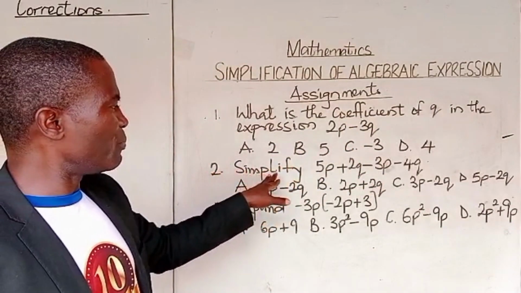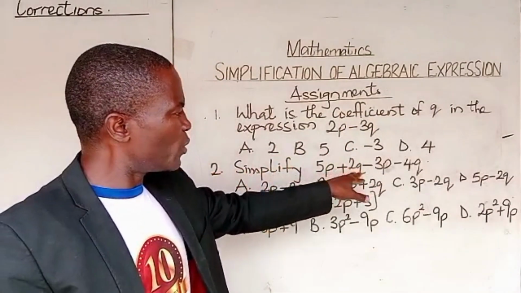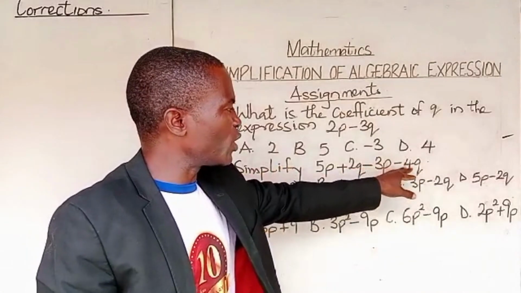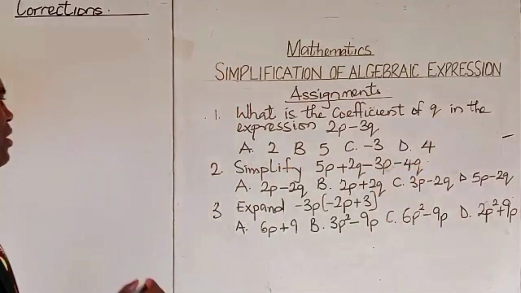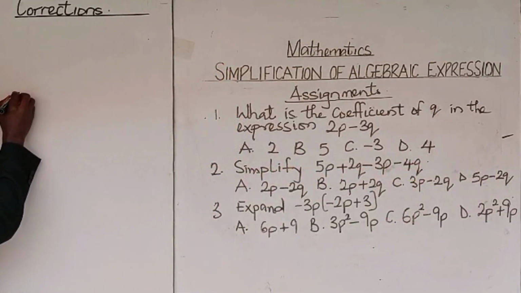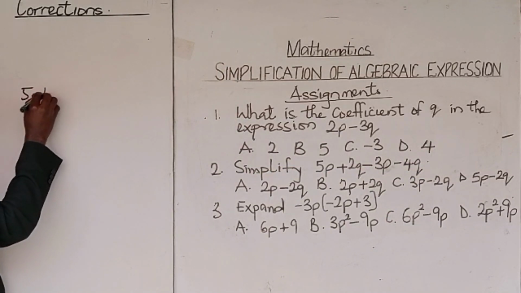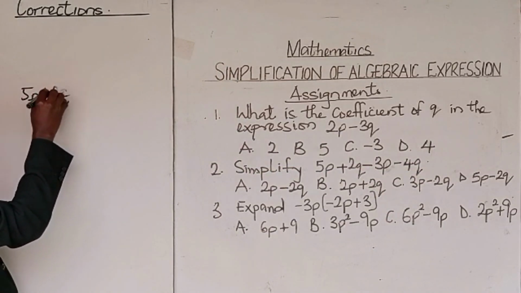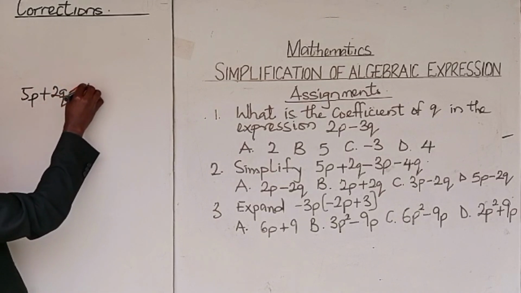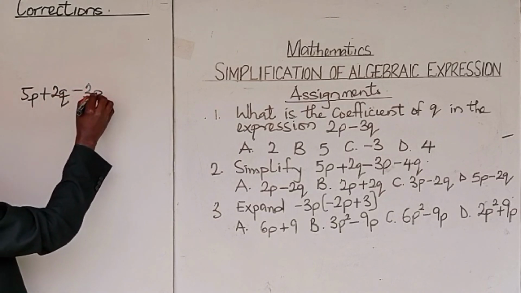Now we proceed to number 2. The question says simplify 5p plus 2q minus 3p minus 4q. We have 5p plus 2q minus 3p minus 4q.